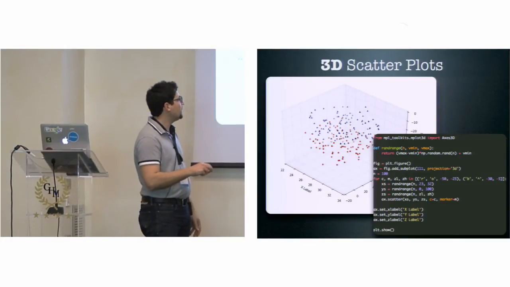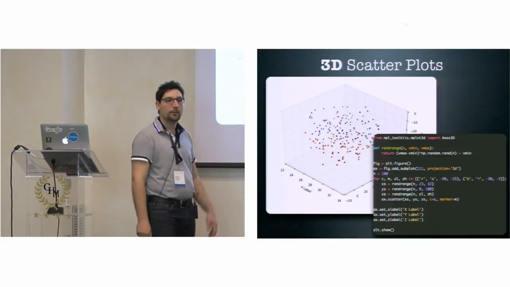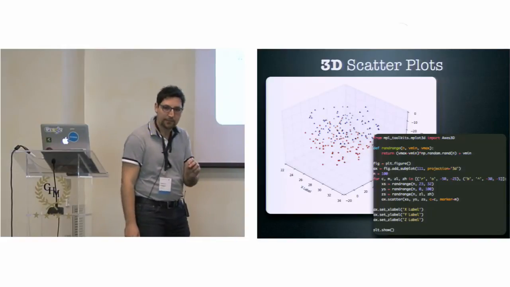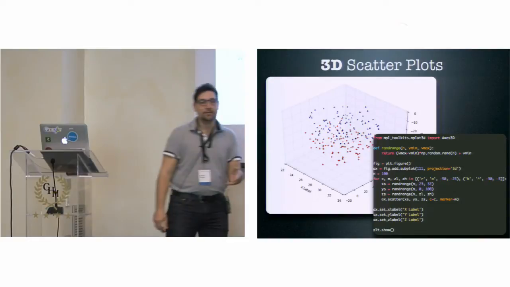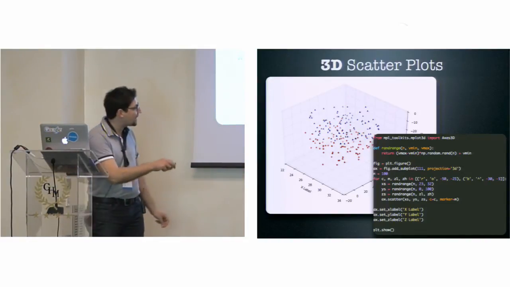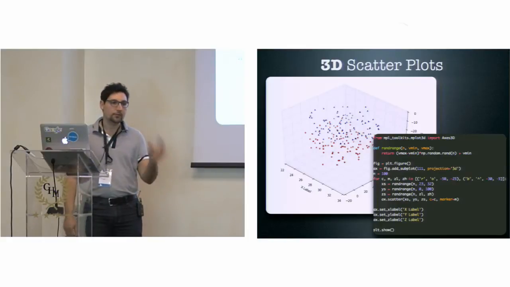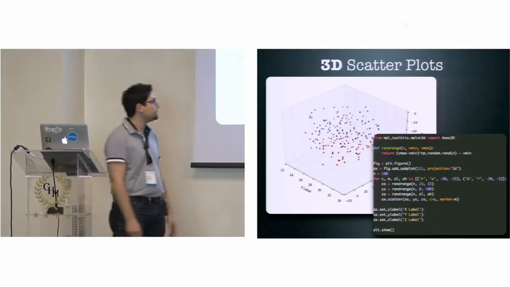And we set the X, Y, and Z labels. We create a figure, add a plot there, and then we call scatter. The function we call is exactly the same. We add only an additional axis, the Z axis. But the function we call is exactly the same to create a 2D scatter plot or a 3D scatter plot.